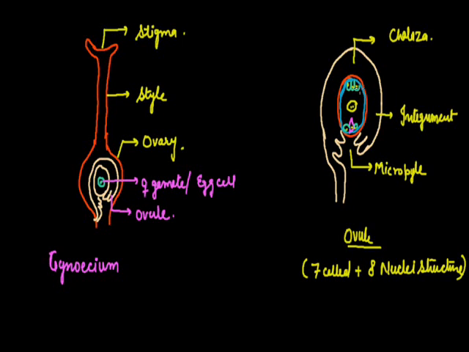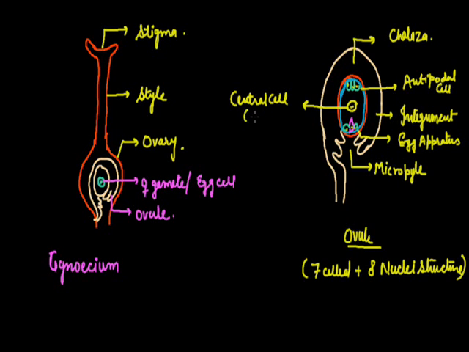At the chalazal end, 3 cells are found which are known as antipodal cells, while the 3 cells towards the micropylar end are called the egg apparatus, and the cell in the middle of this structure is called the central cell. It's a binucleated structure where N plus N, two haploid nuclei, are found together.